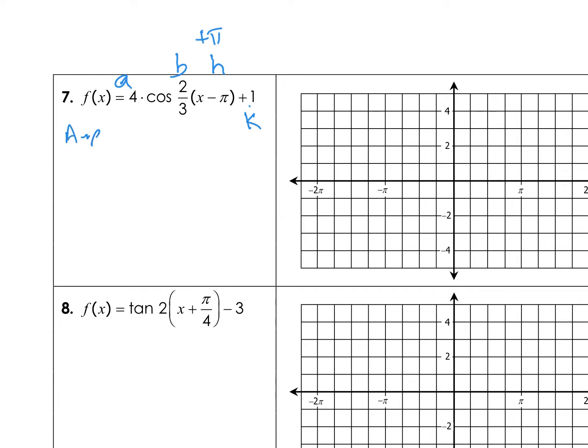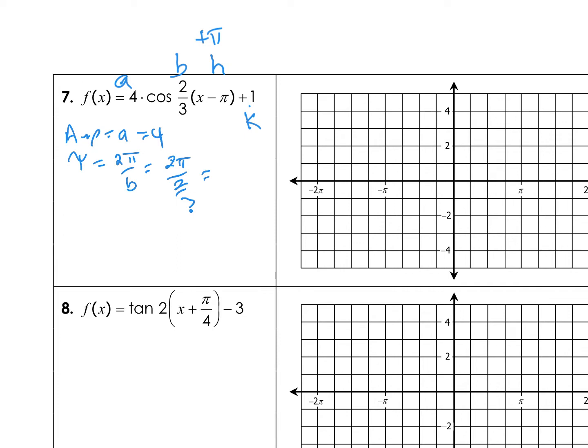Amplitude, A, is 4. Period is 2 pi over b. In this case, it's 2 pi divided by 2/3. And we talked about how to do that math in our head. 2 times the 3 divided by the 2.